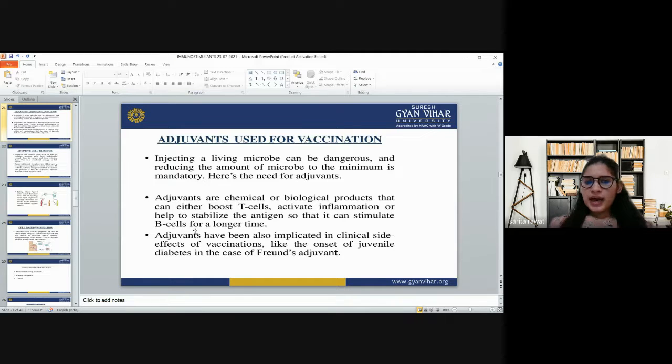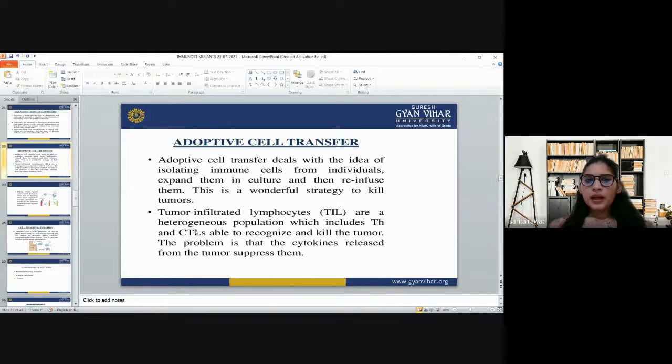Adjuvants are chemical or biological products that can either boost the T cells' active inflammation or help to stabilize the antigen so that it can stimulate B cells for a longer time. Adjuvants have also been implicated in clinical side effects of vaccinations, like the onset of juvenile diabetes in the case of Freund's adjuvant.